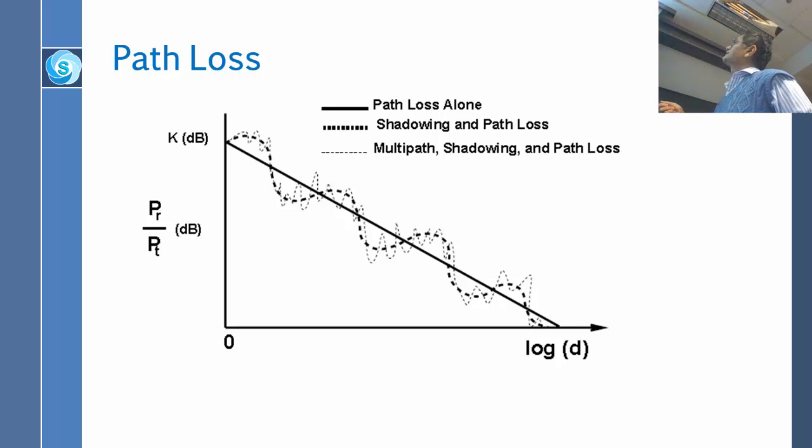So it clearly says here, this is shadowing and path loss. The little thin dotted line is multipath, shadowing and path loss, and this is the path loss alone. Path loss, then we add the shadowing, and then we add multipath.